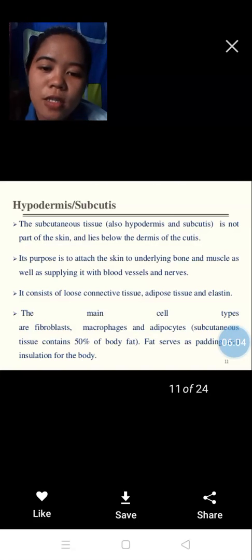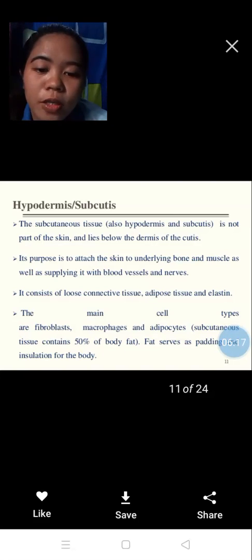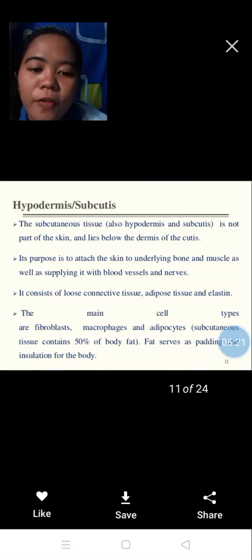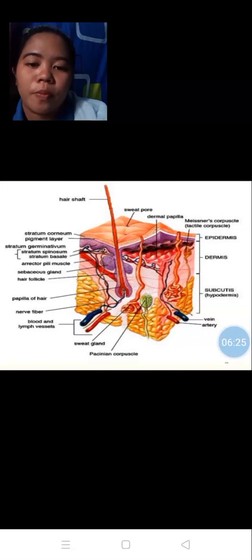It consists of loose connective tissue, adipose tissue, and elastin. The main cell types are fibroblasts, macrophages, and adipocytes, and subcutaneous tissue contains 50% of our body fat. Fat serves as padding and insulation of our body.